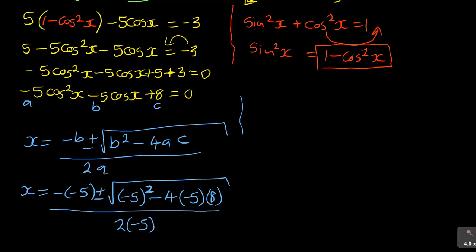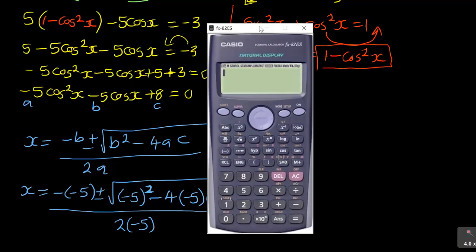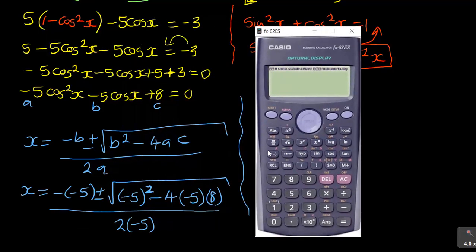So it will give me two values of x, which I will get using the calculator. On the calculator, it's minus 5, start with the positive one, plus the square root of bracket negative 5 squared minus 4 bracket minus 5, for a, c is 8, and then everything over 2 times negative 5.